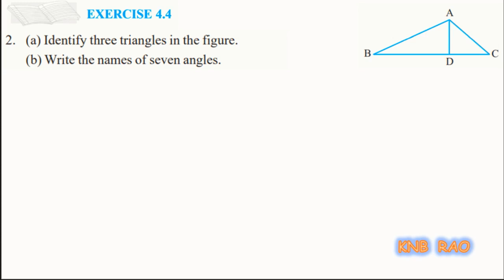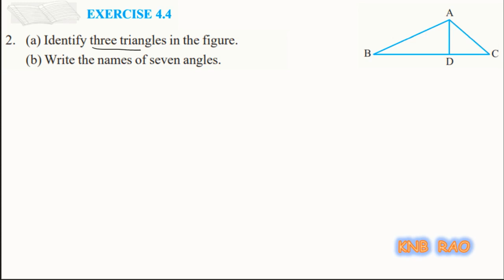This figure is some shape having triangles, right? It has got a triangle ABC, and further from A there is one line segment drawn where D is a point on the side BC, where A and D are joined. Now, identify three triangles. Are there three triangles here?